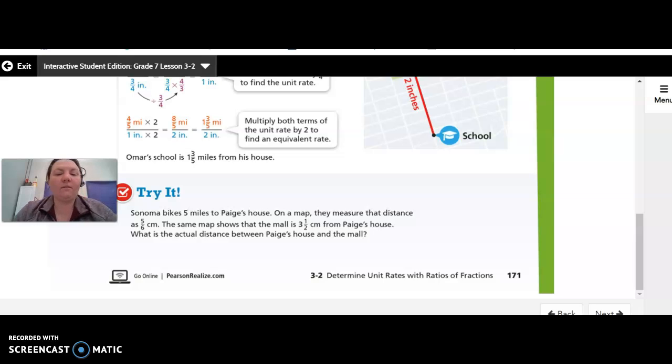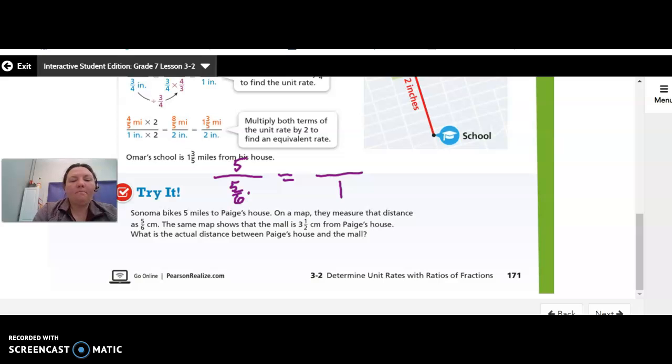All right, so this is going to be a two-stepper. So first, I know that 5 miles is equivalent to 5/6 of a centimeter. I want to get this down so that there's a denominator of 1 in the bottom. I want to know how many miles is 1 centimeter.